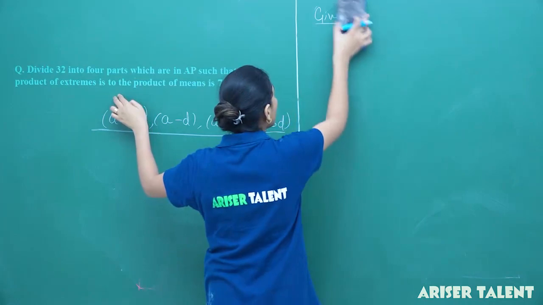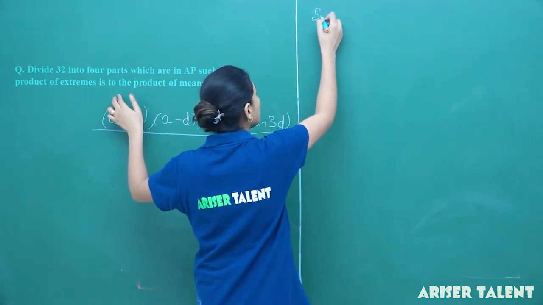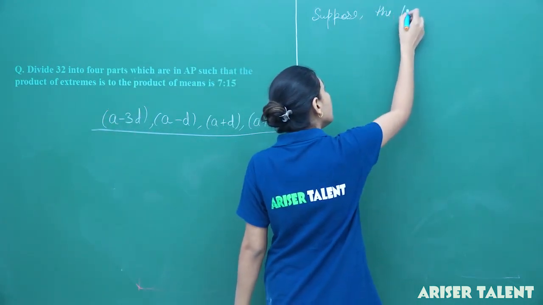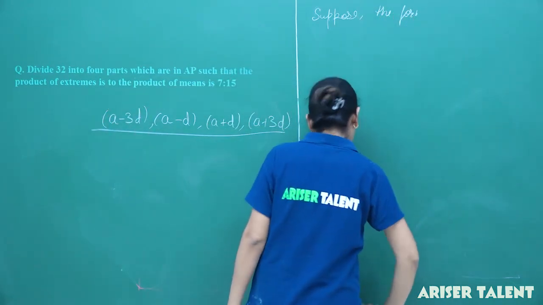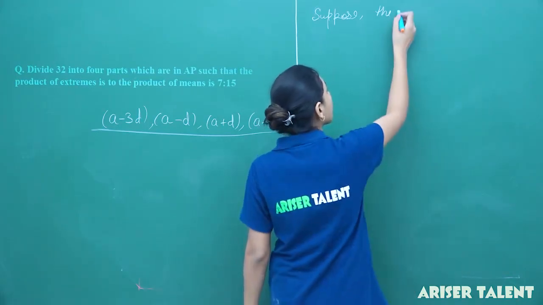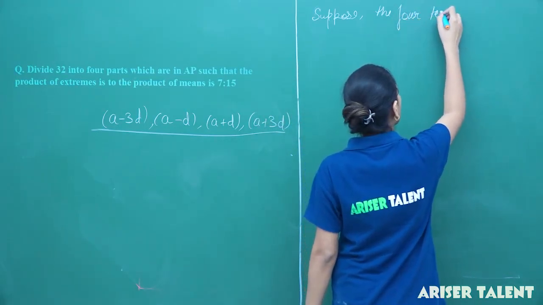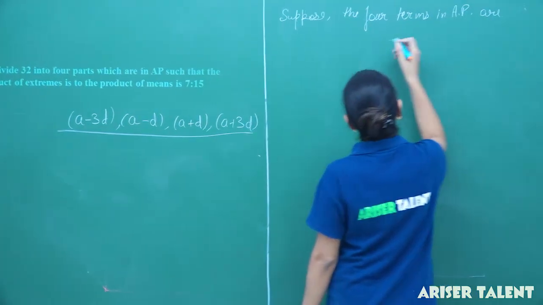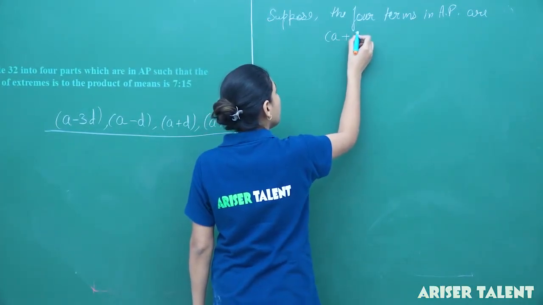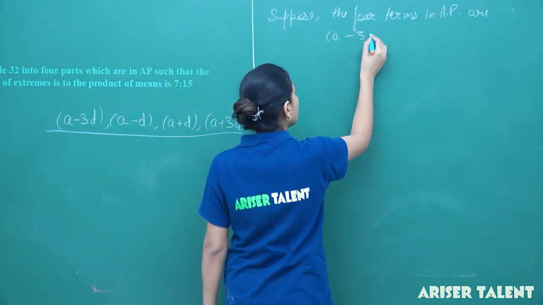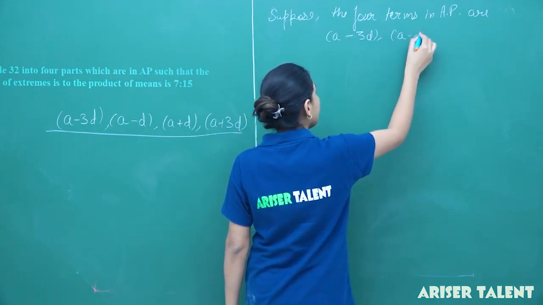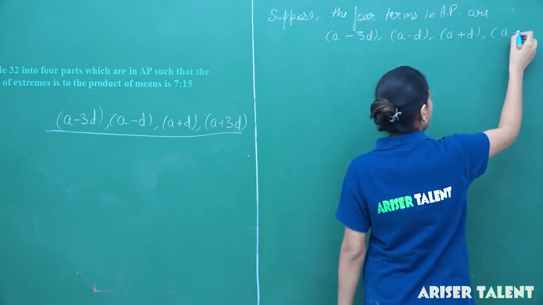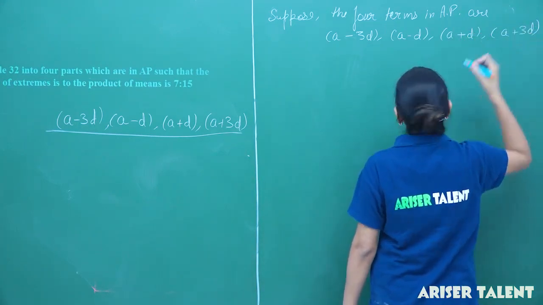So, first I have to suppose, or let the four terms in AP, 4 terms in AP are A minus 3D, A minus D, A plus D, A plus 3D.